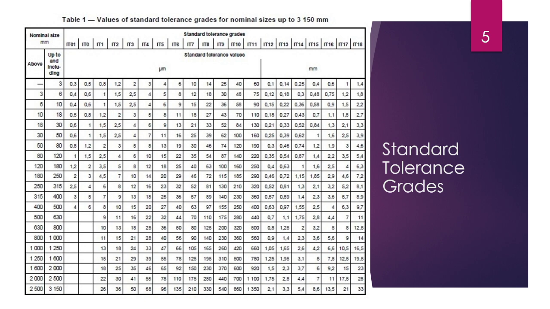Our tolerance is 21 micron to play with, up and down. The difference between the maximum or upper limit and the minimum or lower limit is 21 micron, when we have 30 mm with IT7 grade of standard.